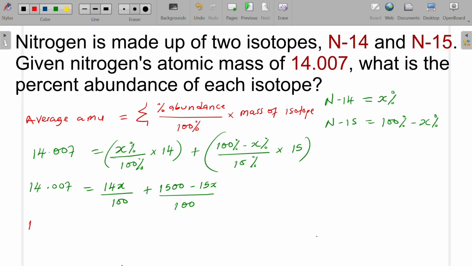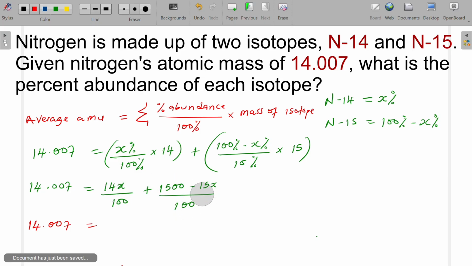On the left side, we'll still have 14.007, and this is equal to, on the right hand side, we should understand this is addition.